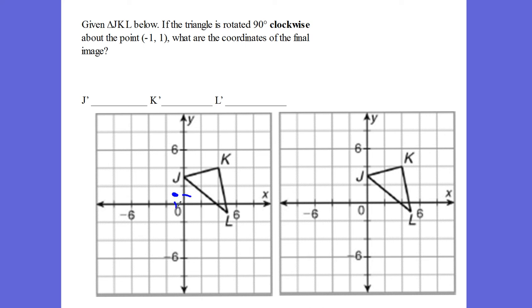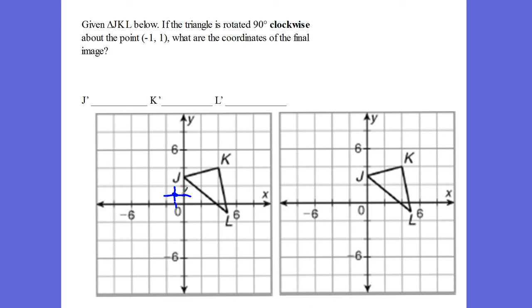So it's left 1, up 1. So using my patty paper, I have to rotate it around that point right there. Okay, so everyone right now, patty paper, please, please, please. Okay, try that. So you only can do it on patty paper. I can't even do it on the board for this one right here because I can't rotate it around non-origins.